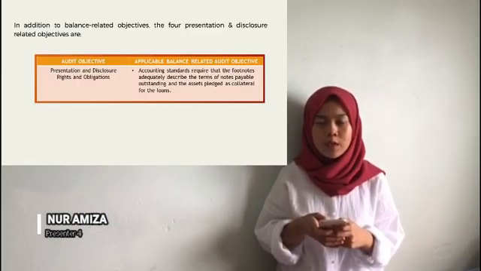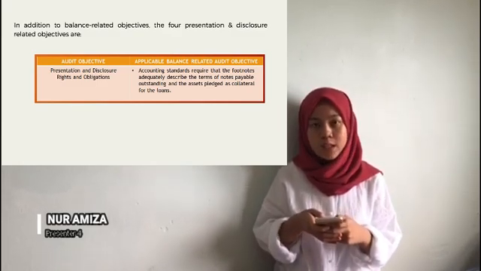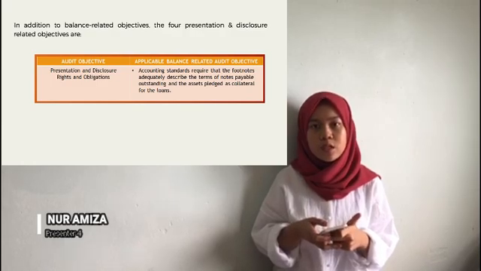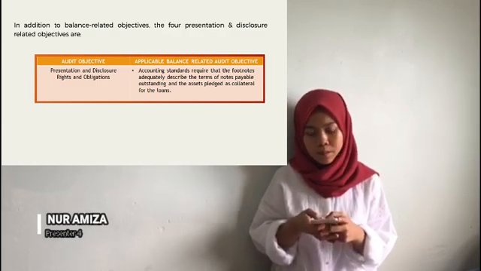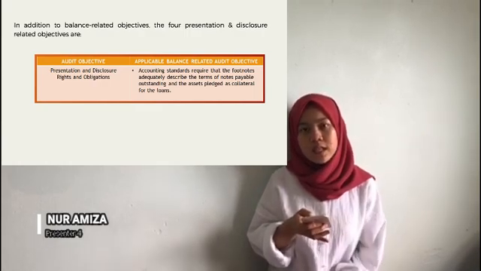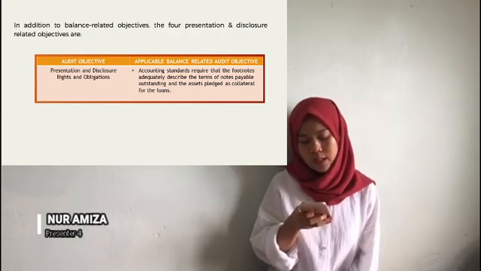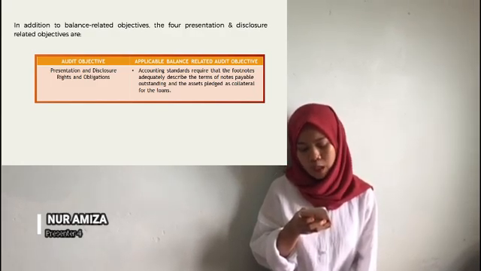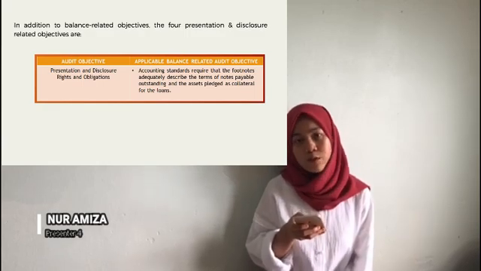In addition to the balance-related audit objectives, there are the presentation and disclosure related objectives, which are presentation and disclosure and rights and obligations. For example, accounting standards require that the footnotes adequately describe the terms of notes payable outstanding and the assets pledged as collateral for the loan.